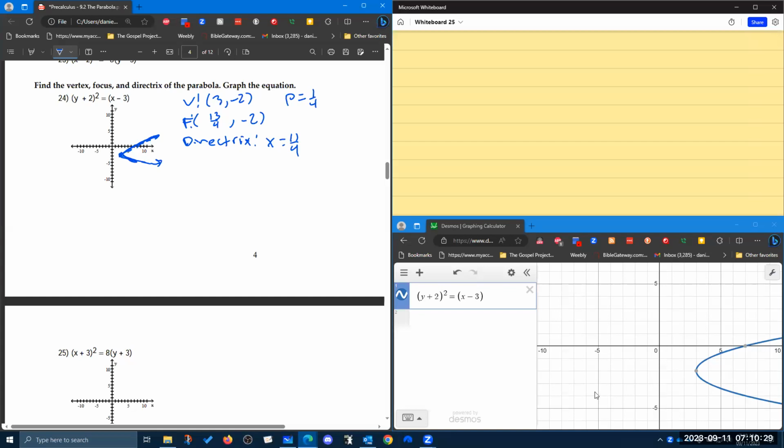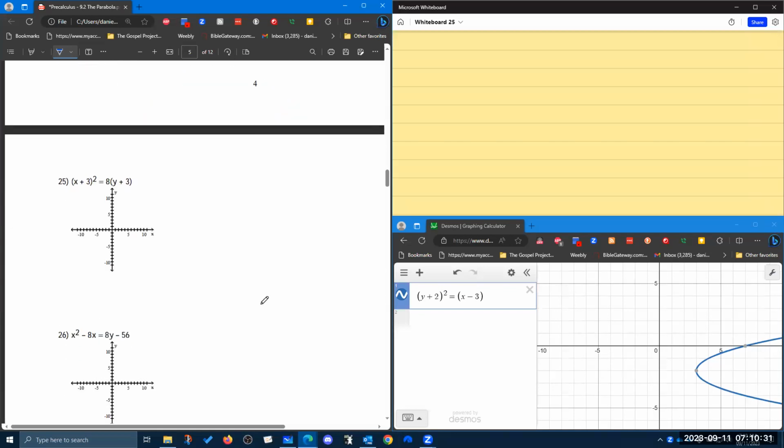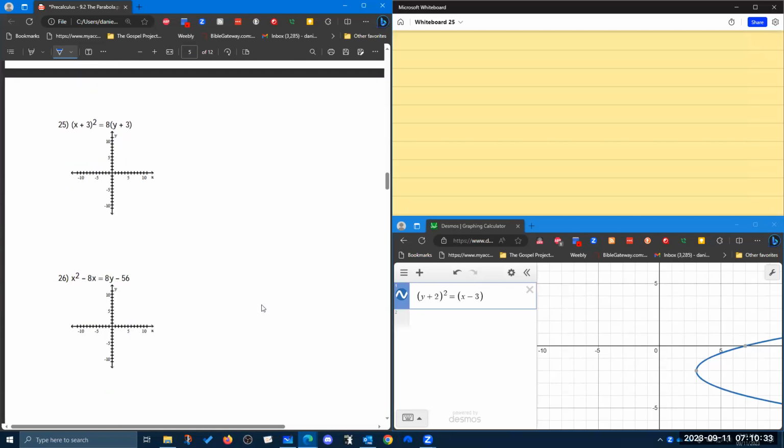Okay. Next one here, we're going to have that the vertex is going to be at (-3, -3). My p is equal to 2. This one's going to open vertically. Focus is going to be at (-3, -1). Directrix y = -5.